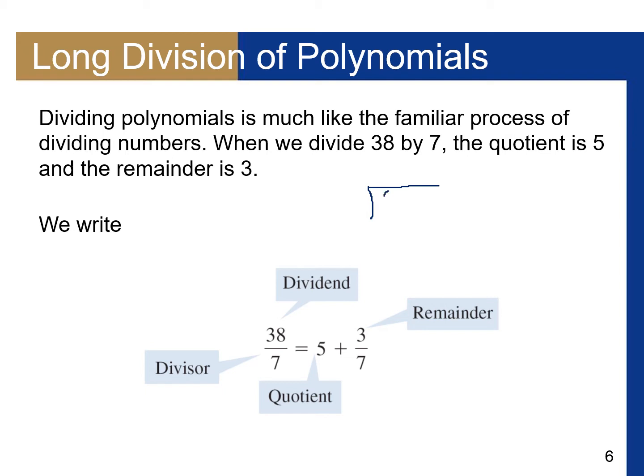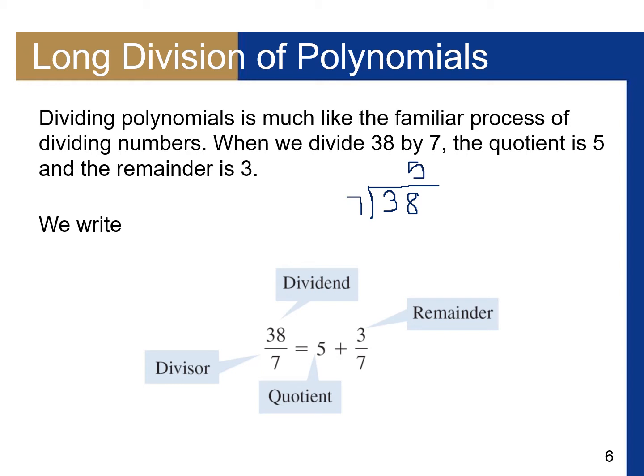So if we take 38 and we place it on the inside of our division symbol and we're going to divide it by 7. How many times will 7 go into 38? Well, it'll go 5 times.